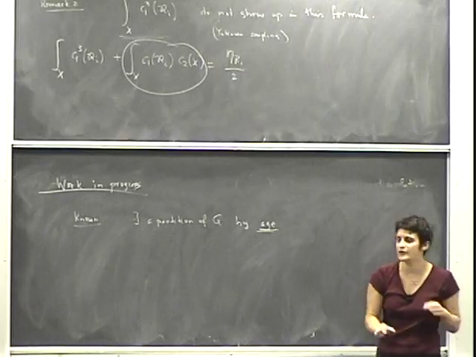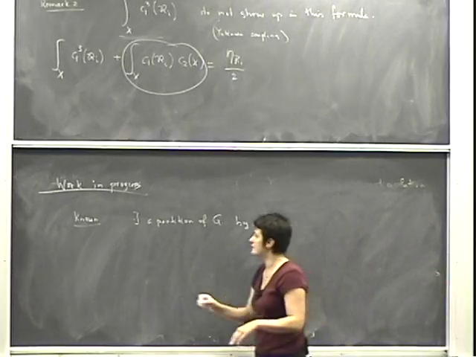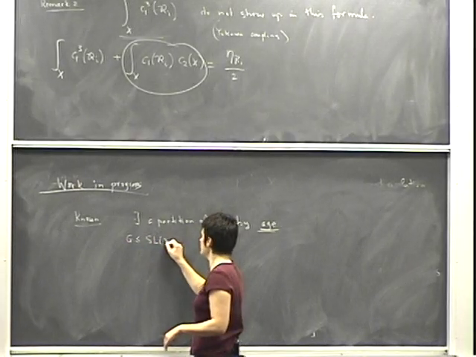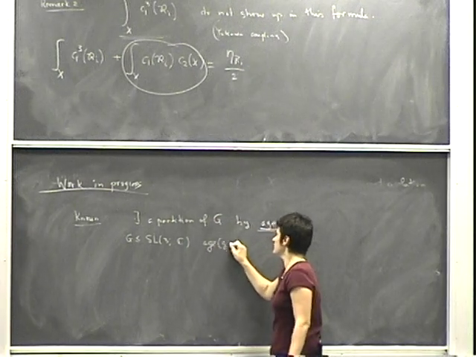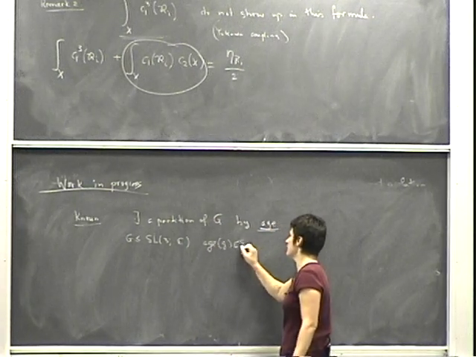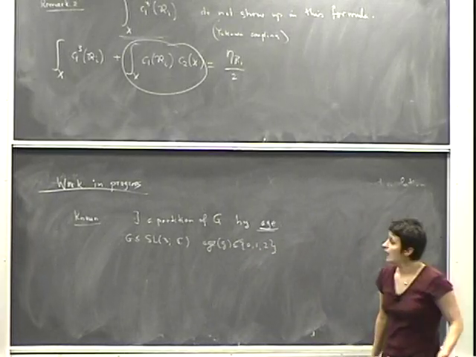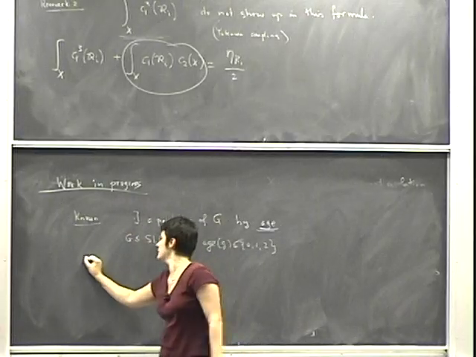So it's not really important right now what age is, but it is a partition. And since G is a finite subgroup of SL3C, age of an element takes values in the set 0, 1, and 2.